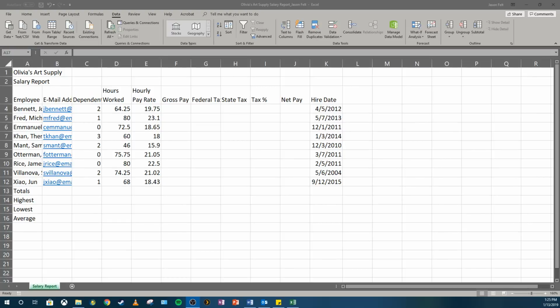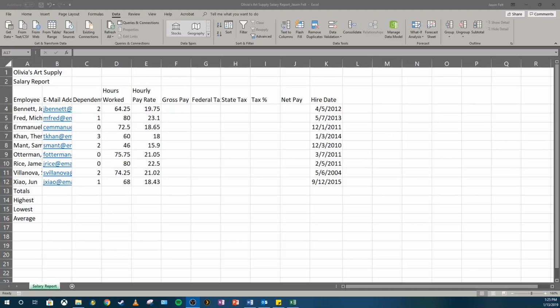So for example, if I would have to multiply 64.25 by 19.25 and then manually enter the product for gross pay, which is $1,268.94 in cell F4, if you don't use Excel, it's going to be very tedious, and then when you have to change it, you have to go do it again. So you want to make sure you set up the formulas to where if one cell changes, everything will change.